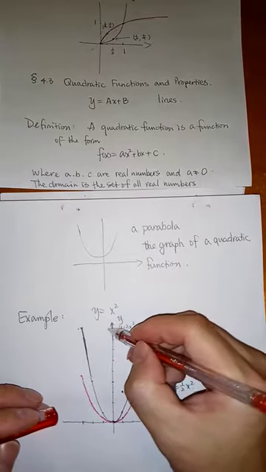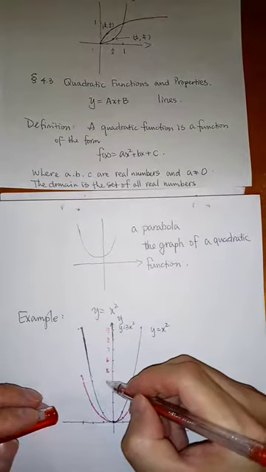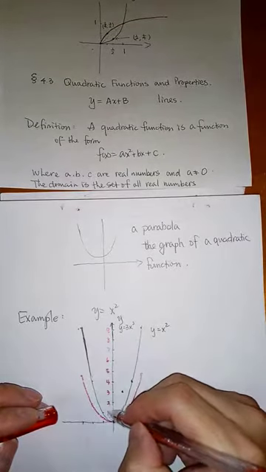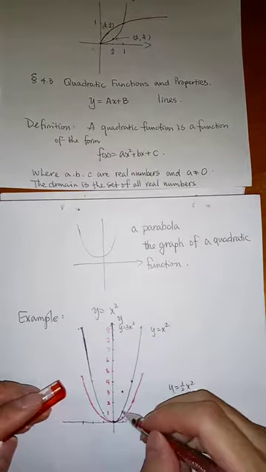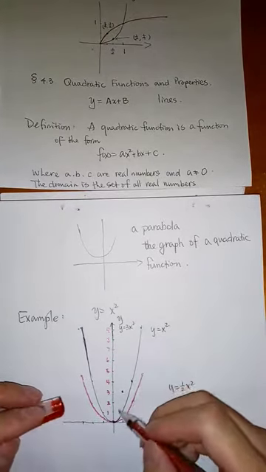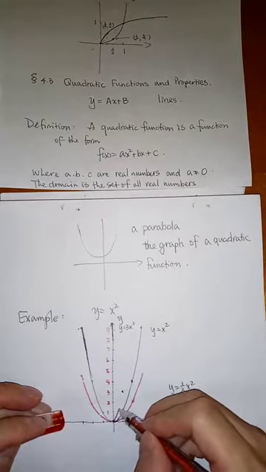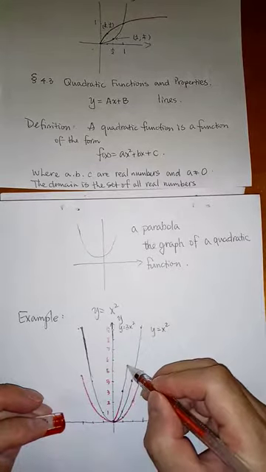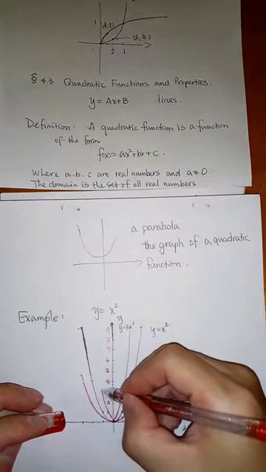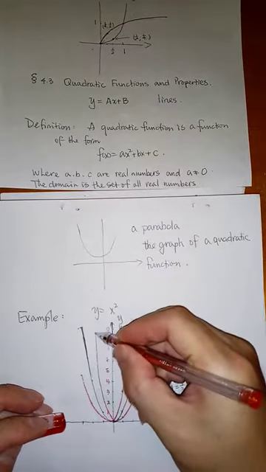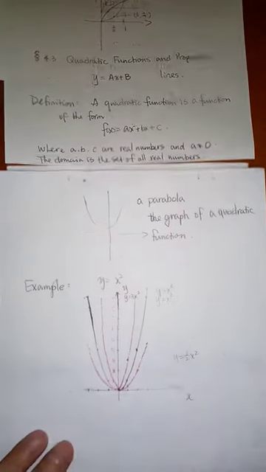Our highest label is 9. 12 is too high. So if we want to demonstrate, it's possibly like this. It's again an even function. Okay, so that's the graph y equal to 3x squared.